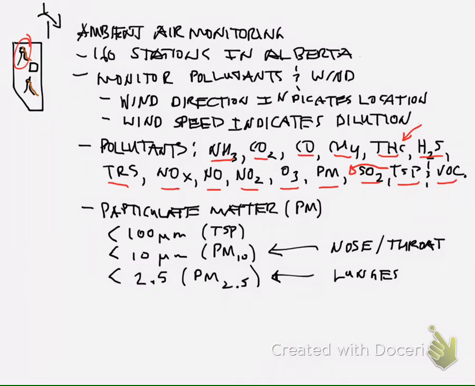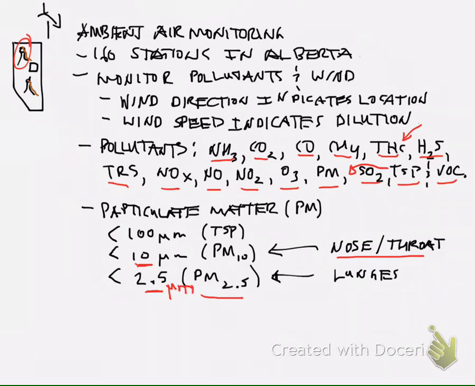The next category is PM10, which is particulate matter 10, and the 10 stands for 10 micrometers right here. Those things will get caught up and stuck in the nose and throat of humans because they're a little bit bigger. But the smaller ones yet, which are PM2.5 right here, which is 2.5, and there should be micrometers written here.